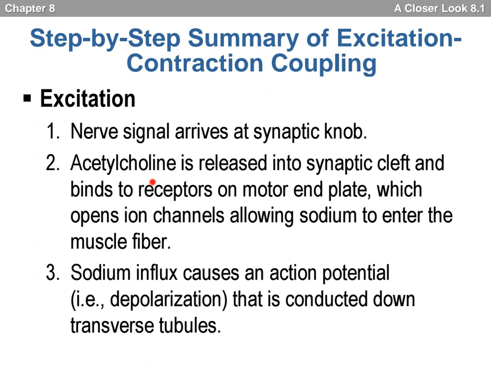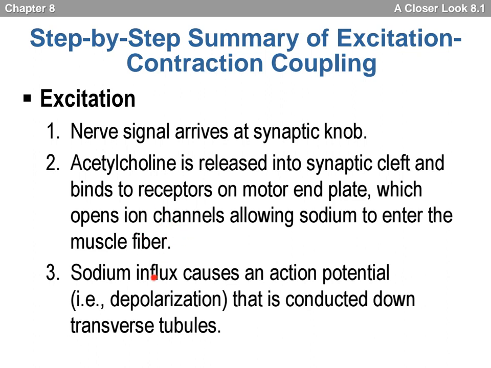Now, these receptors are ligand-gated, meaning they're triggered by a chemical such as acetylcholine. In this case, they're specific for acetylcholine. They're also ion channels, and so when acetylcholine binds to the receptors, these ion channels open. Sodium, you may recall, is in a higher concentration outside of a cell compared to inside, and so sodium now will move into the cell, into the muscle fiber, causing a depolarization.